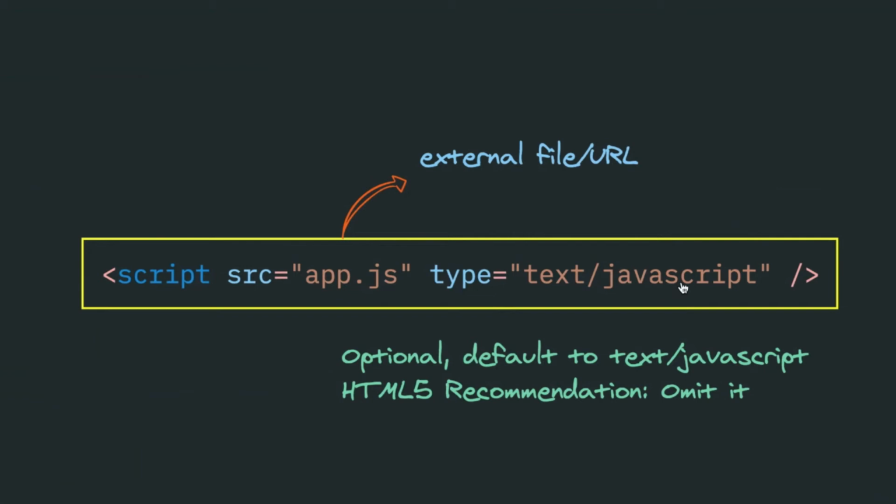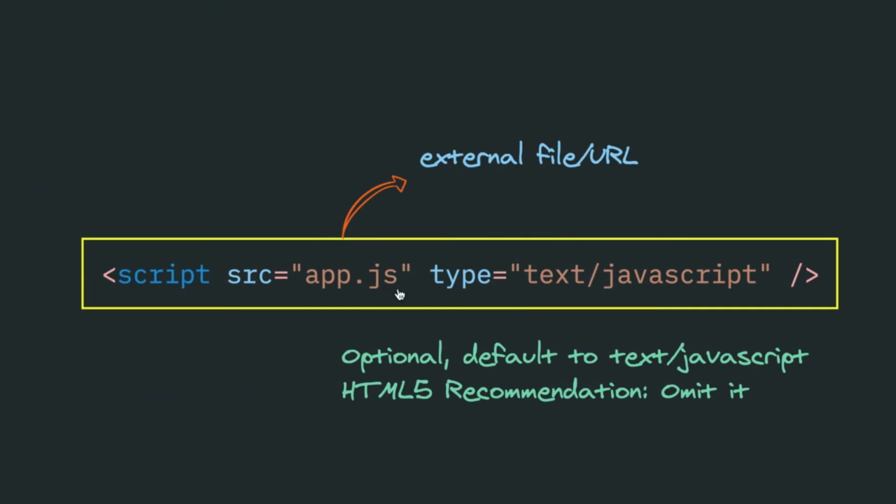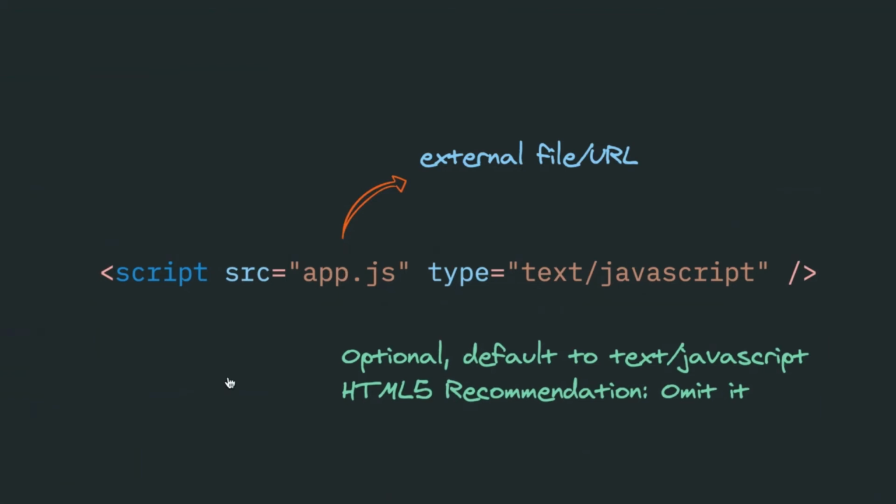By default, it will use text/javascript. You don't need to write this again and again. So for a JavaScript file, we don't need to mention this type attribute, right? Yes, it is completely optional. Okay, interesting.